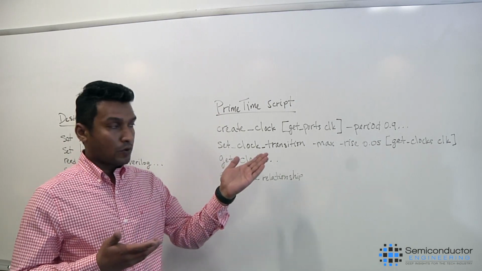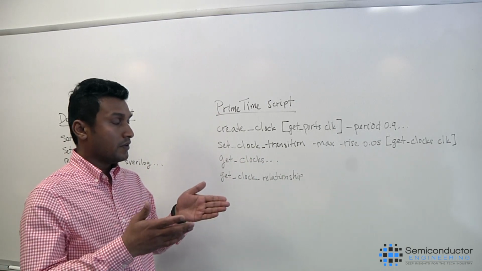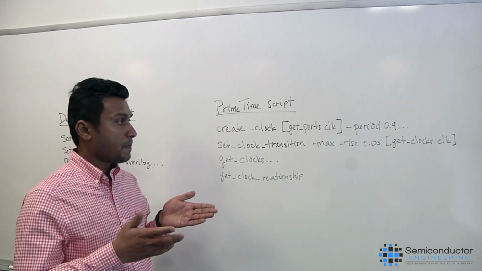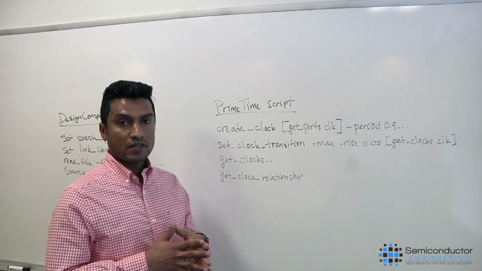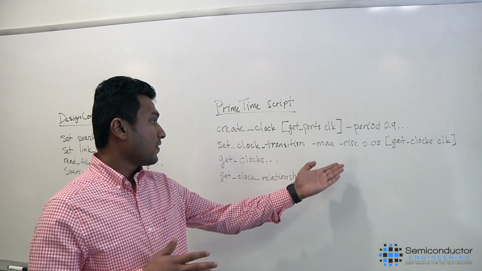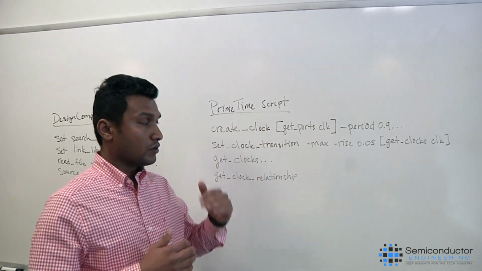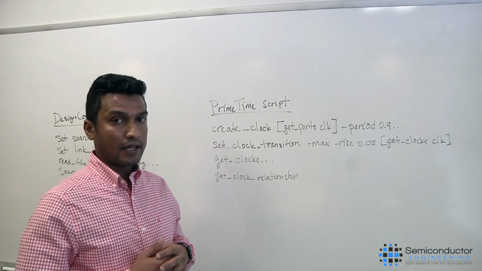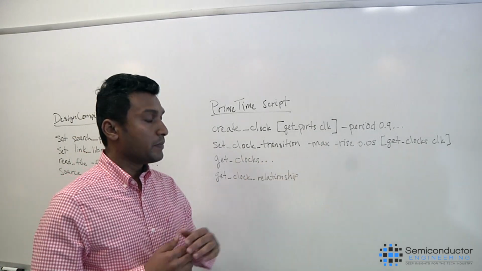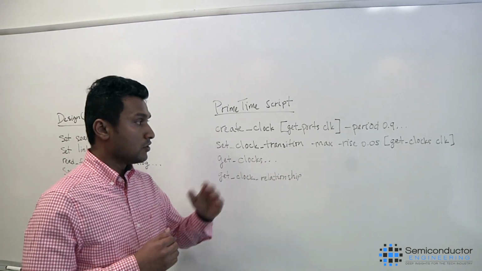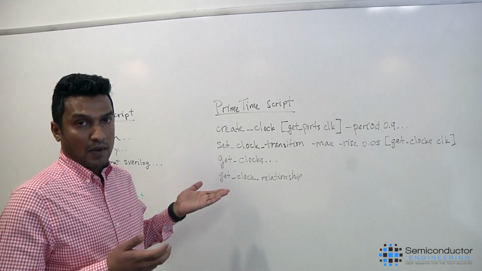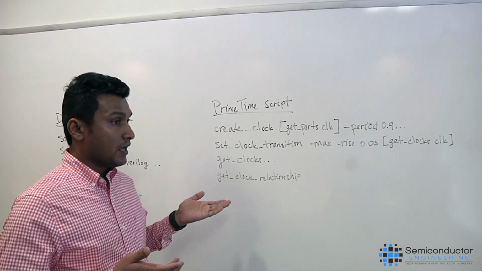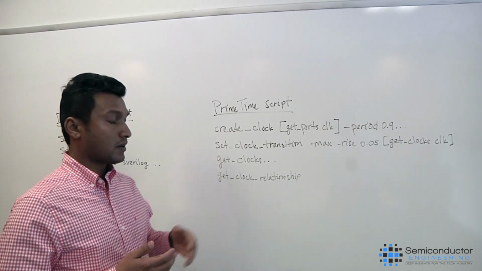You can use the get_ports Tcl command to define the clock on a top level port. As well as in the set_clock_transition command, you can specify the clock using get_clocks. So the clock you have already defined, using get_clocks you can get that clock. So this is typically a Tcl command, non-SDC command. You will have multiple non-SDC commands as well in these SDC files, like get_clock_transition.